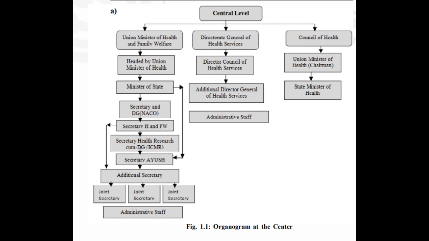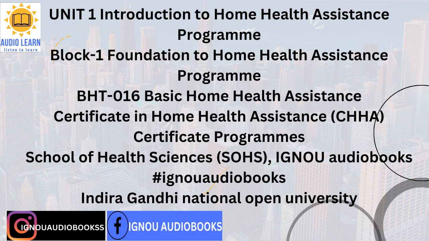1.2.1 Health and wellness centers. Health and wellness centers have been established under Ayushman Bharat Yojana, Pradhan Mantri Jan Arogya Yojana, PMJAY, which is a national initiative launched as a part of National Health Policy 2017.